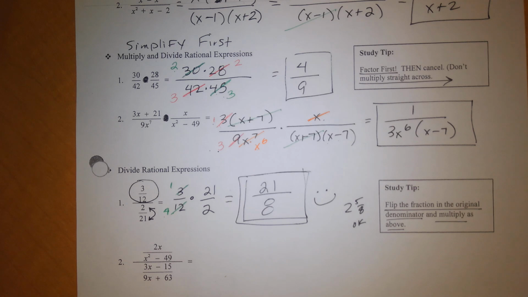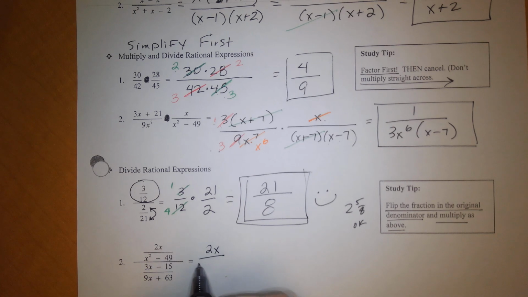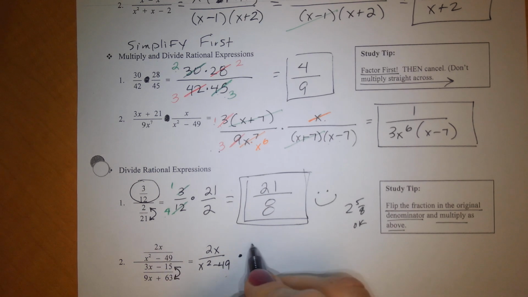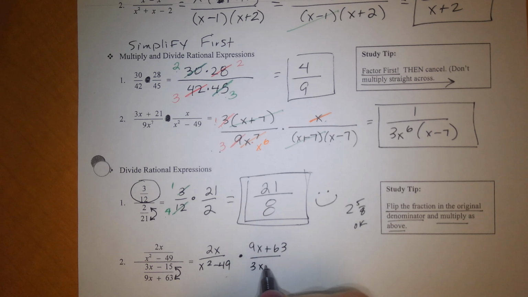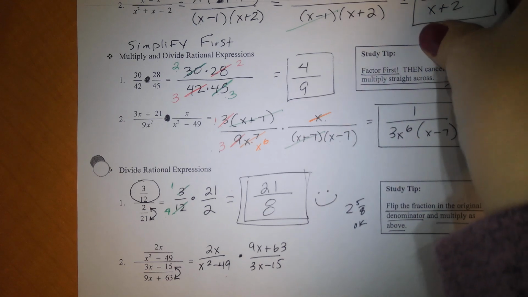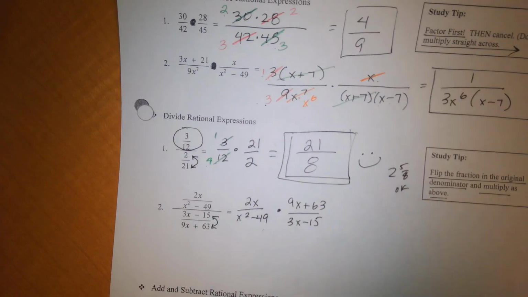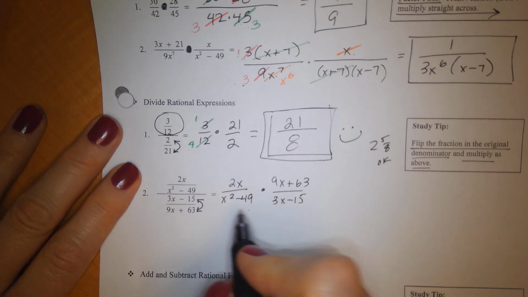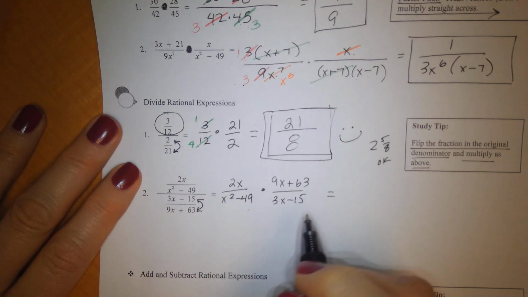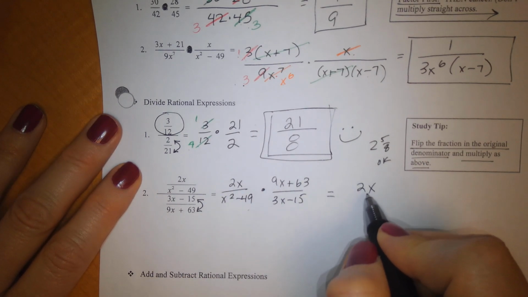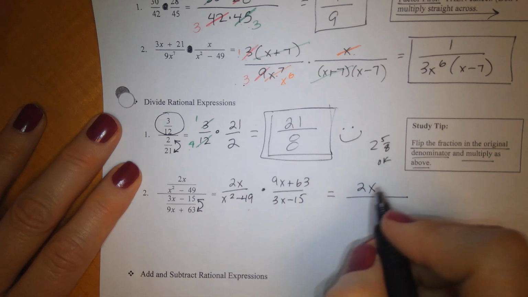Moving on down to this one, we have the numerator, which is 2x over x squared minus 49, and then we flip. This is times 9x plus 63 over 3x minus 15. Now you're going to notice that we're going to need to factor. So let's go ahead and factor everything that's up here. 2x over, this is the difference of squares.